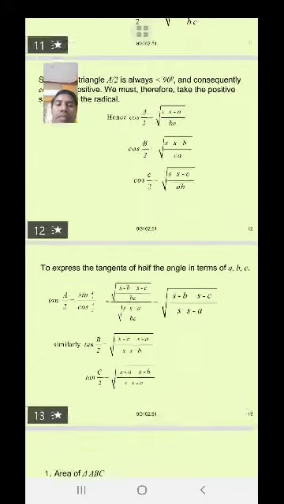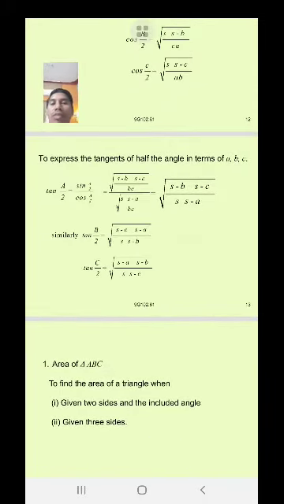Next, to express the tangents of half the angles in terms of a, b, c. It is very simple, I think, because tan A by 2 can be expressed as sin A by 2 by cos A by 2. We already know sin A by 2 is under root of (s minus b) into (s minus c) by bc, and cos A by 2 we knew just now: under root of s into (s minus a) by bc.